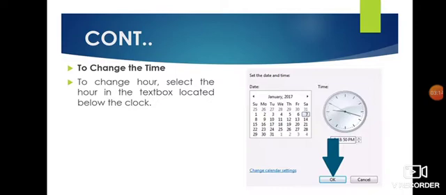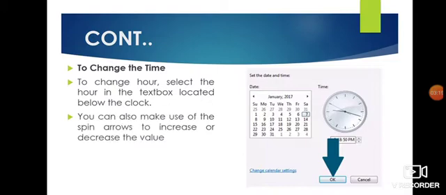Both ways you can set the time. You can also make use of the spin arrows to increase or decrease the value. Here there are two arrows with the text box, one for increasing and one for decreasing. So either enter the value directly in the text box, or use these arrows for changing the time.